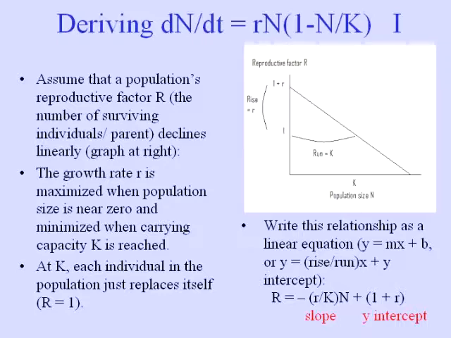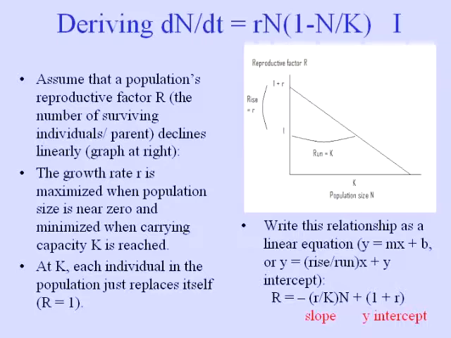Now let's go back to our old friend growth rate, intrinsic rate of increase, lowercase r. This is going to be maximized when population size is very small, when it's near zero. And it's going to be minimized when carrying capacity is reached.